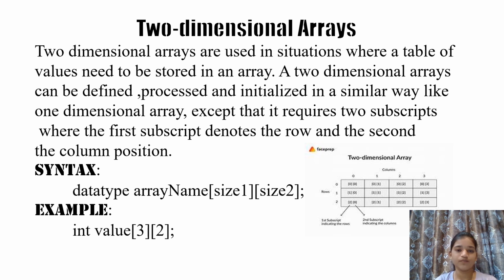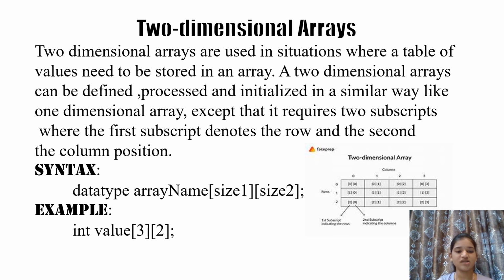Two-dimensional arrays. These are used in situations where a table of values needs to be stored in an array. A two-dimensional array can be defined, processed, and initialized in a similar way to a one-dimensional array, except that it requires two subscripts, where the first subscript denotes the row and the second denotes the column position.